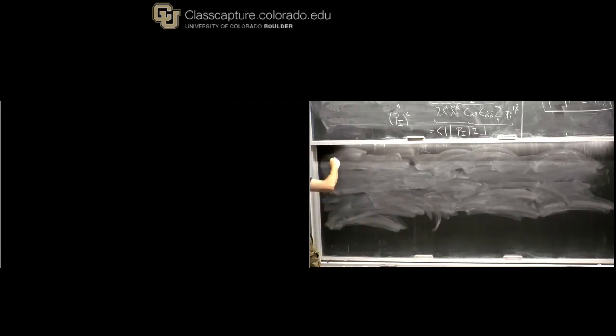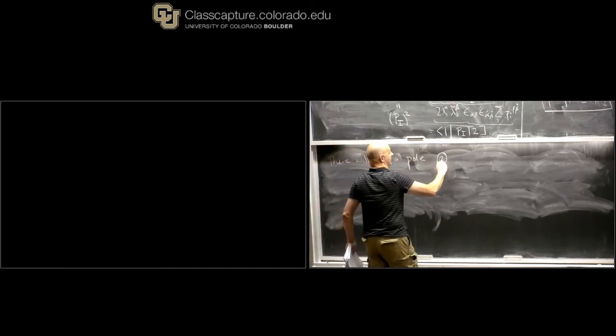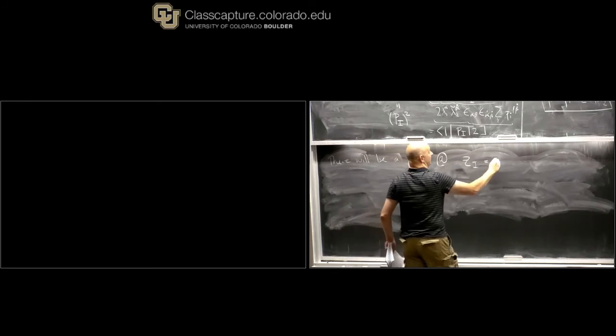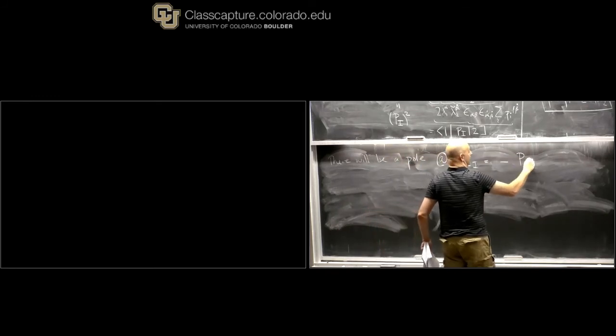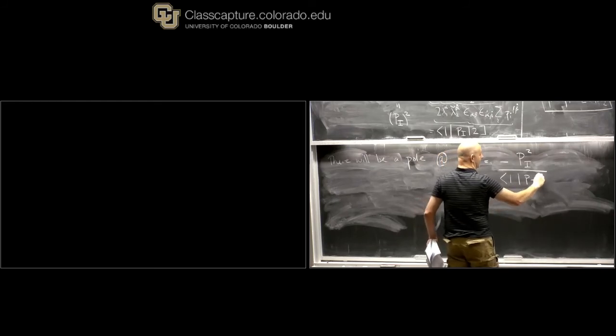So there will be a pole at z_I equals negative pi squared over 1 pi 2.